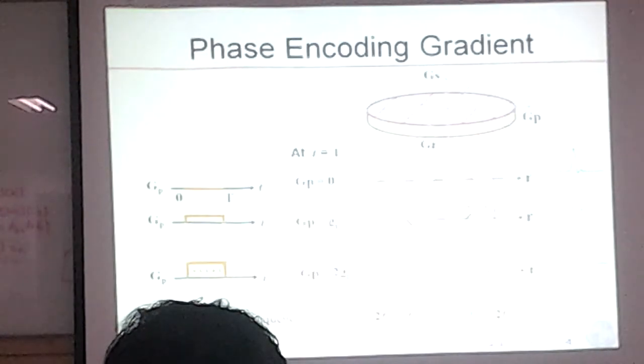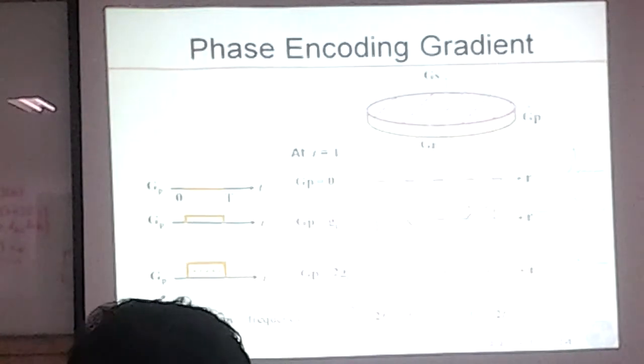So this slide shows the phase encoding gradient and MRI signal. For the zero phase encoding gradient, all spins have the same phase, so the summation of all these spins is large, right?